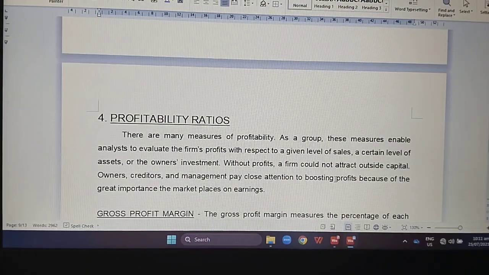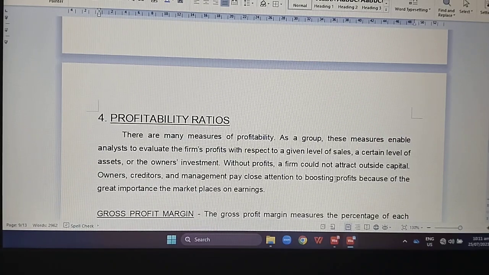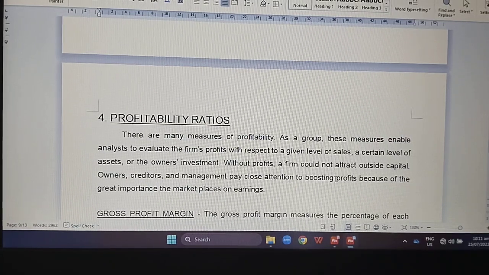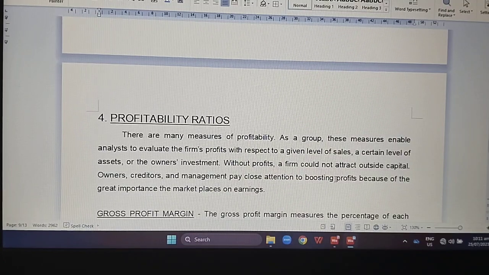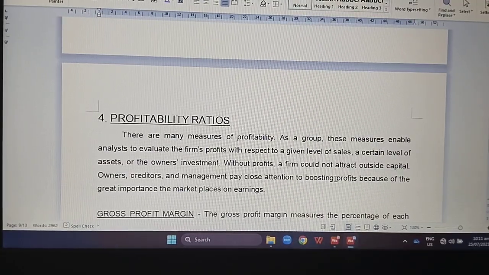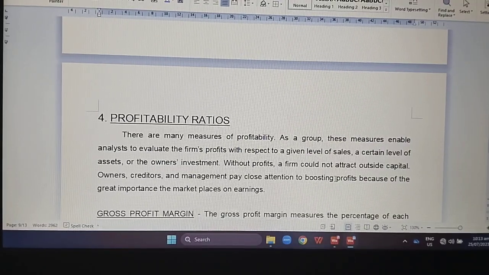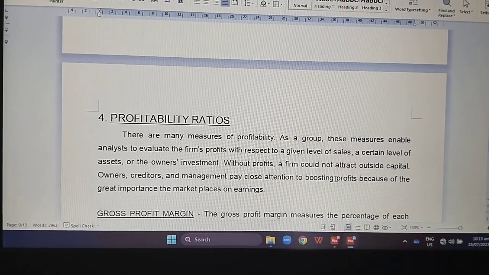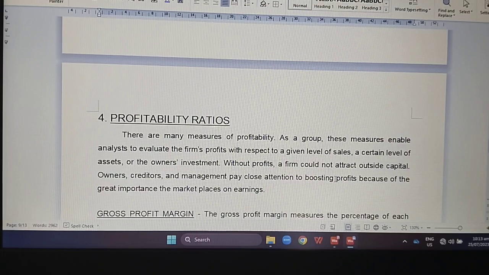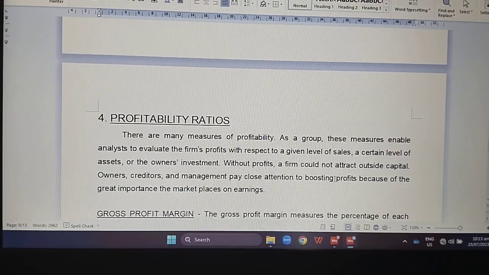Next is the profitability ratios. So, measures enable analysts to evaluate the firm's profit with respect to a given level of sales, a certain level of assets, or the owner's investment.